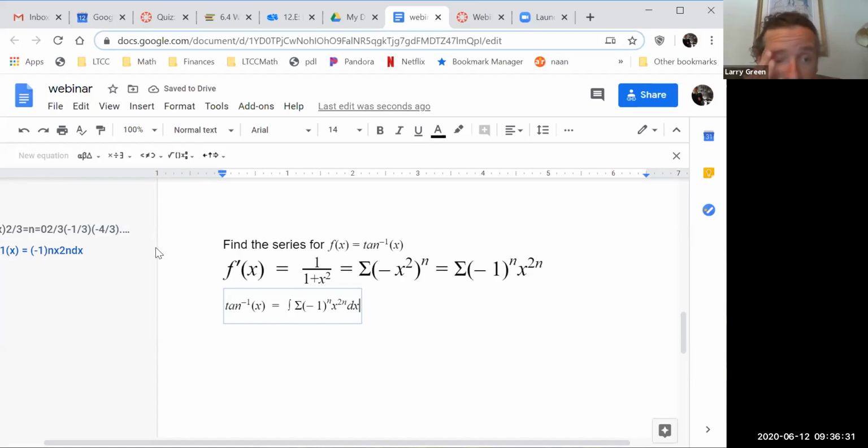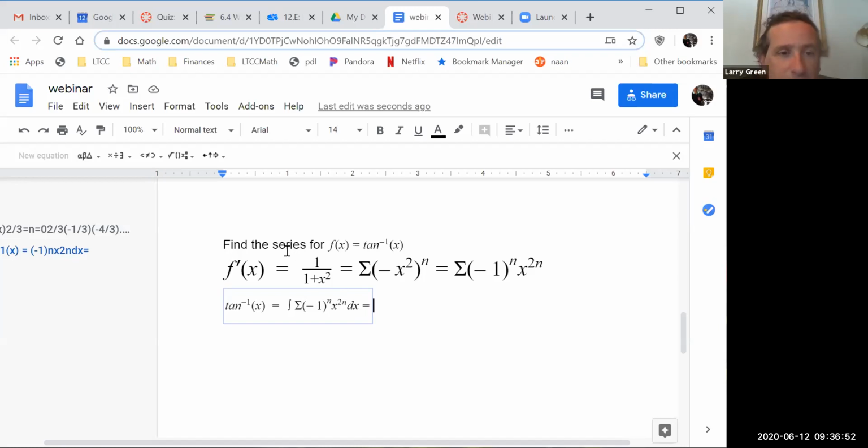And the great thing about power series is that integrals are always easy. So if you ever think you have to do some kind of evil rule, you're wrong. Okay, it's always easy. So the idea is the negative 1 to the n, that's a constant. There's no x in it. So we're just integrating x to the 2n, x to a power.